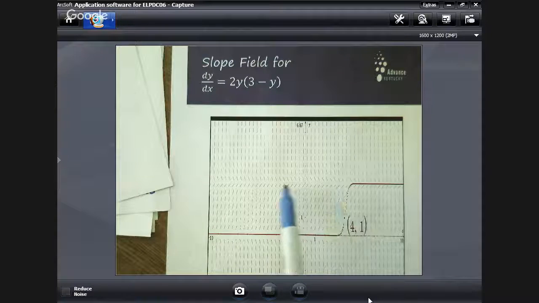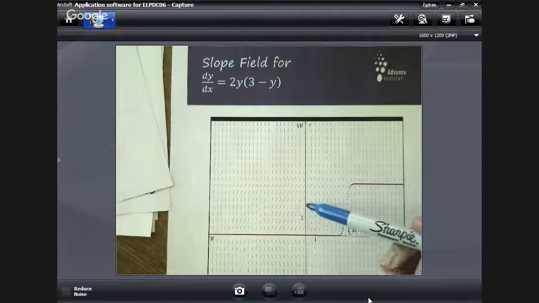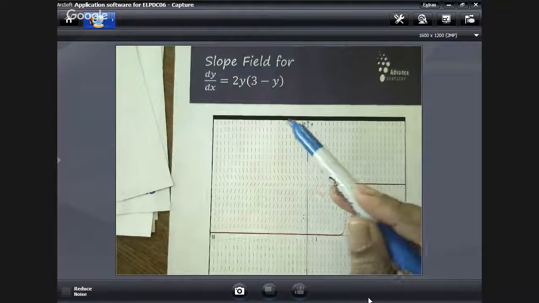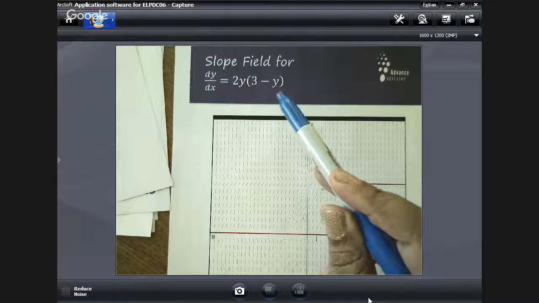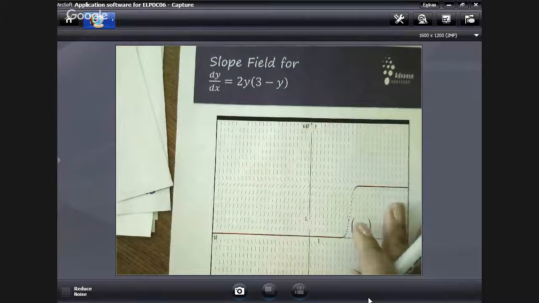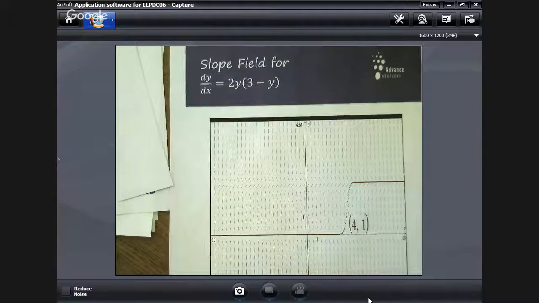Up here, that's 1, so this is 2, and that's 3. At y equals 3, the whole thing is 0, so I have another horizontal asymptote. I can tell what the asymptotes are by finding the zeros of the differential equation: y equals 0, y equals 3.